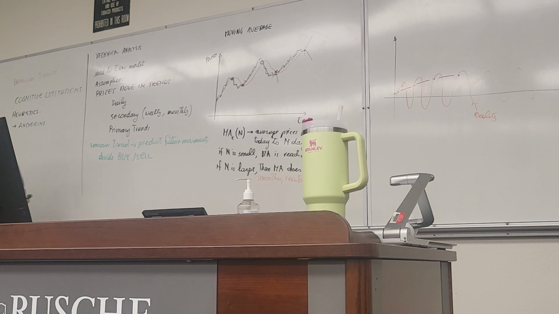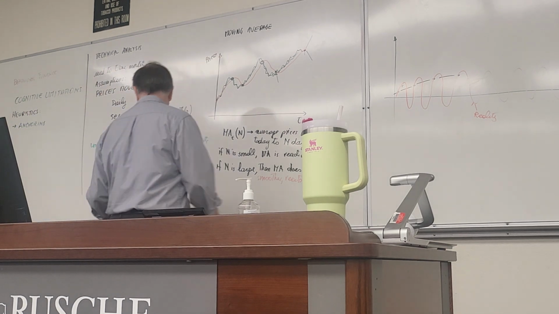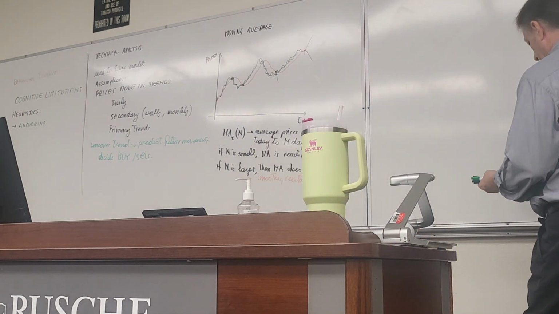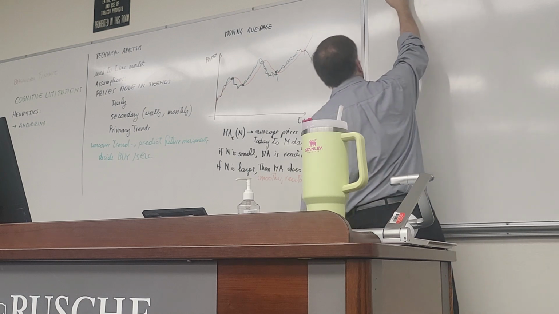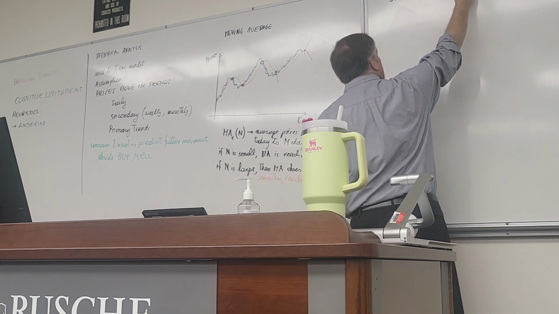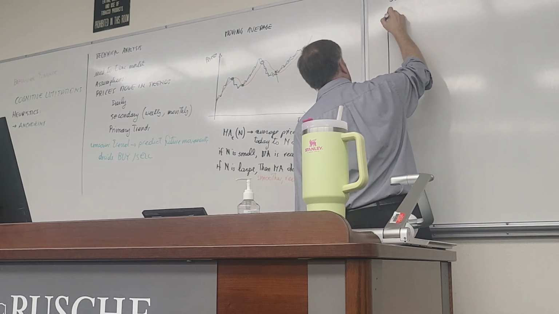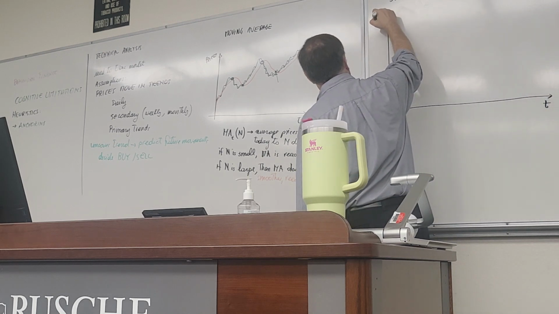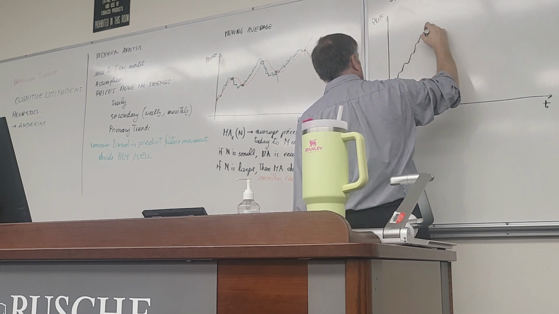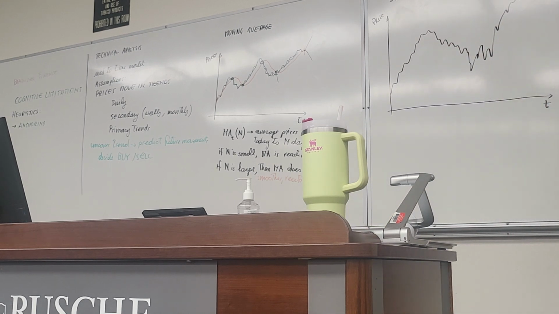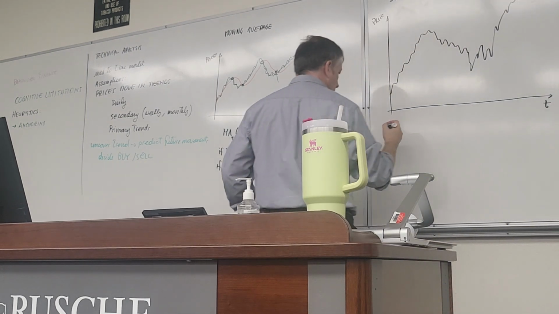An enhancement of that is something called the Bollinger Bands. So again, this is the price series, and the way you calculate the Bollinger Band is first start with the moving average.